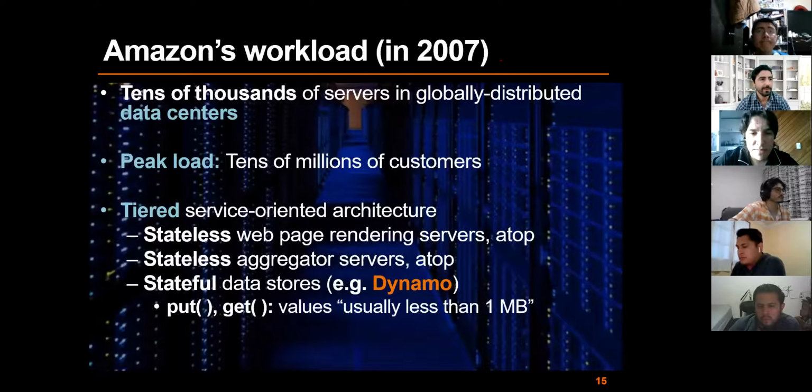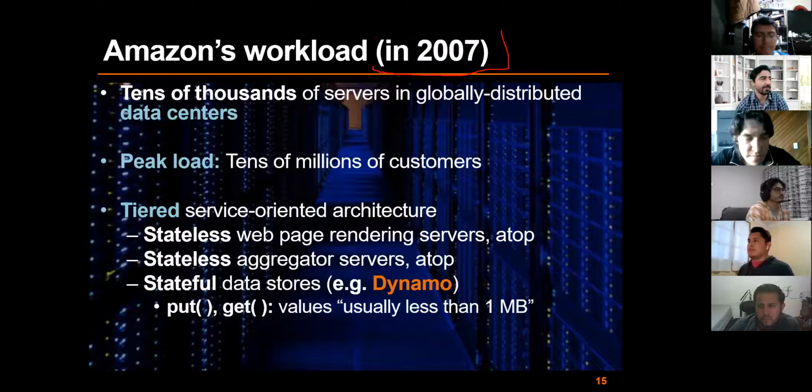This is a little bit old data, because the Dynamo paper came out in 2007 at an ACM conference. By then, Amazon's workload was tens of thousands of servers in globally distributed data centers. At peak load, they had tens of millions of customers purchasing books, mainly, at those times.